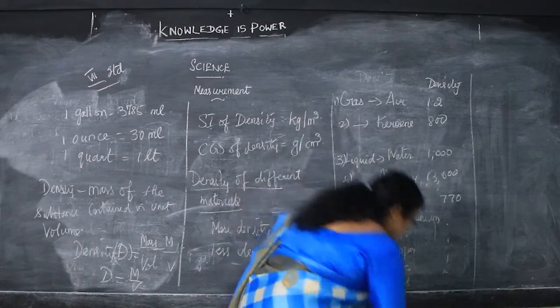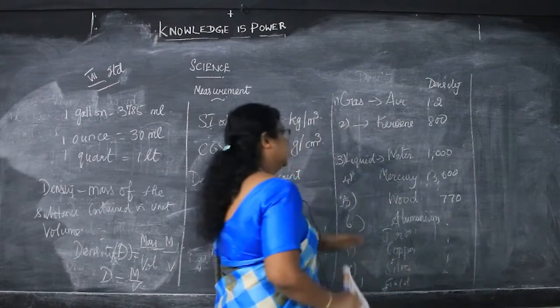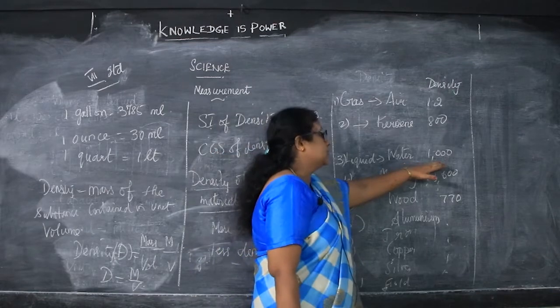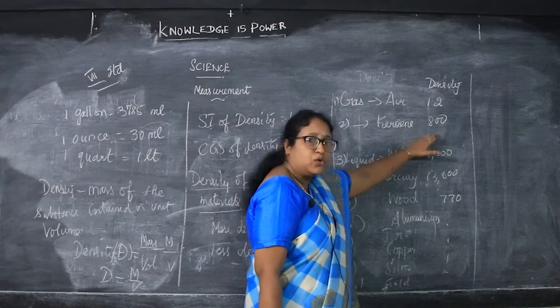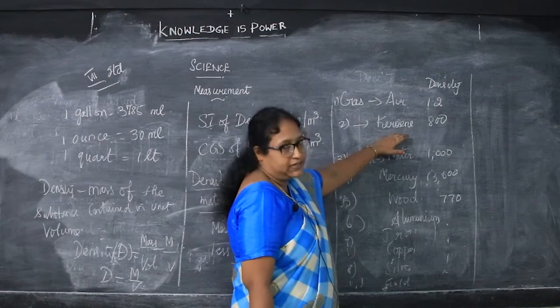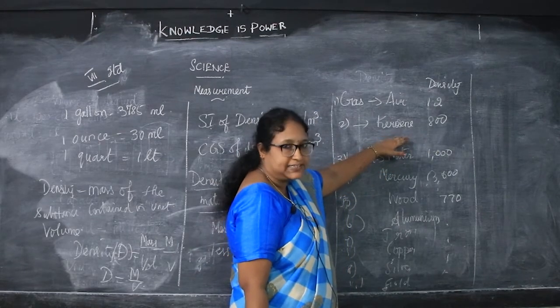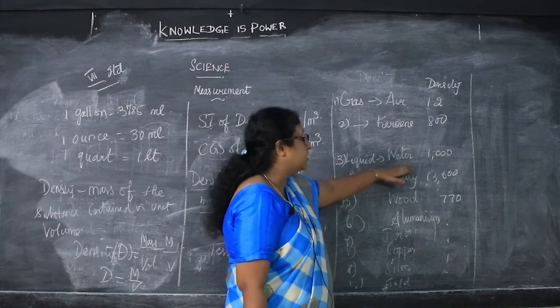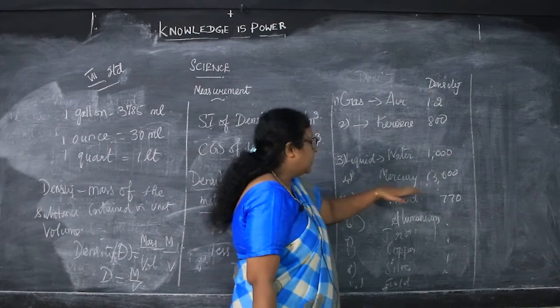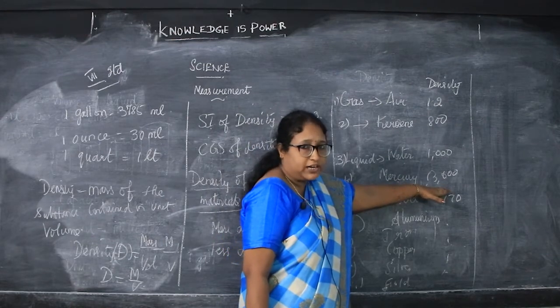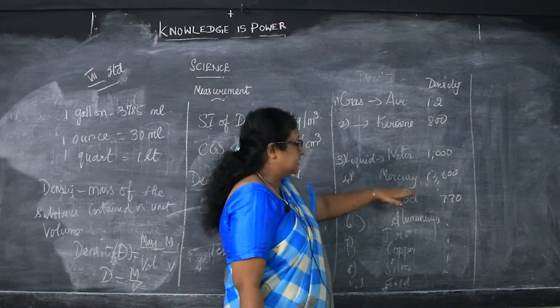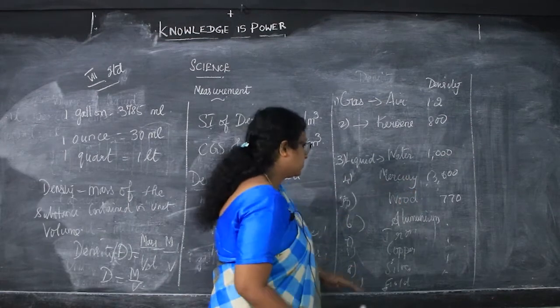Now if you see, water has density 1000. Kerosene is 800. Which is lighter here? Kerosene is rarer, that is, it has less density than water because water has 1000 density. Mercury has 13,600. That means water has lesser density than mercury.